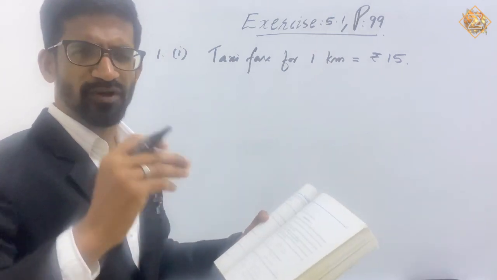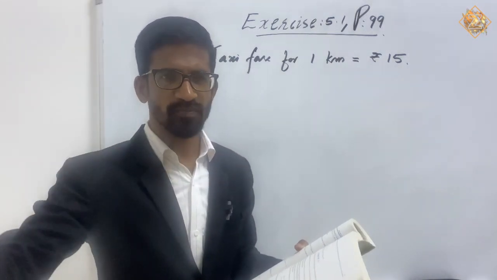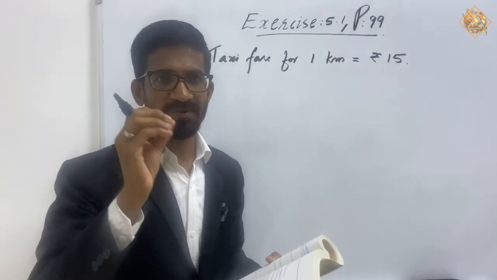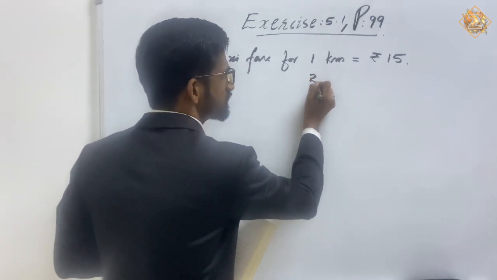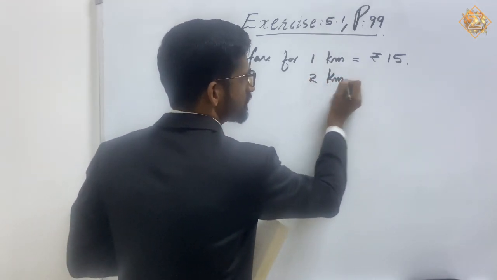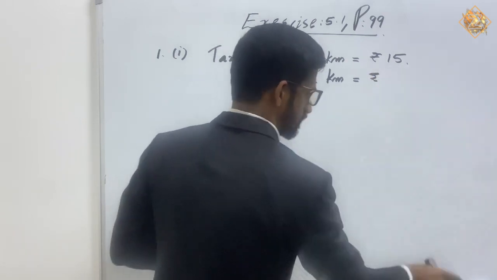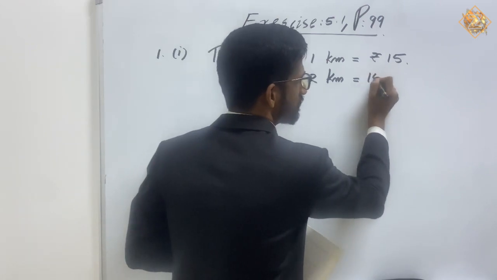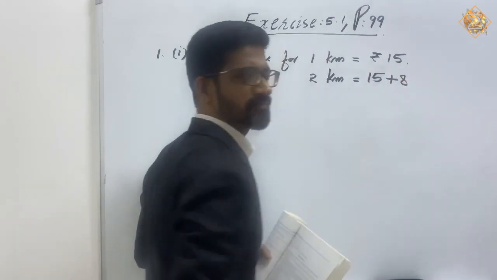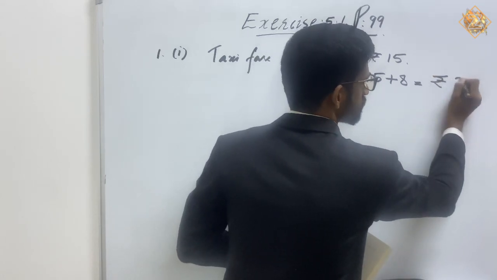In addition to that, for each additional kilometer we will have to pay rupees 8. So the taxi fare for 2 kilometers, it will be 15 plus 8, which is rupees 23.